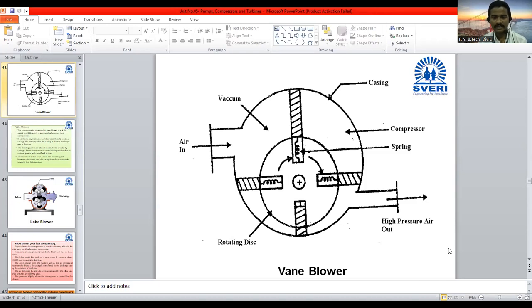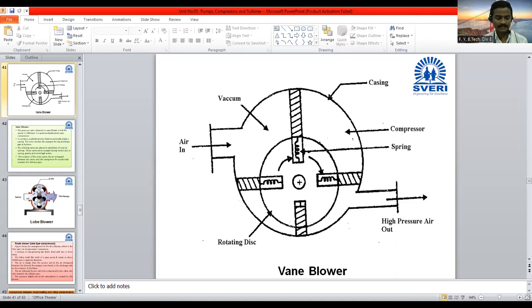Write down. When disc starts rotating, some quantity of air is entrapped between two vanes in front of the inlet.